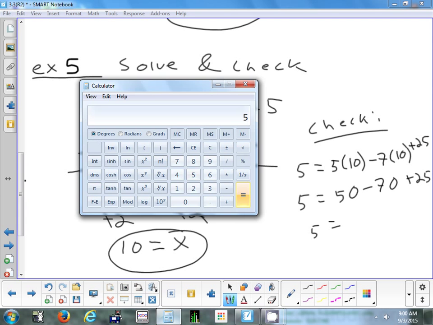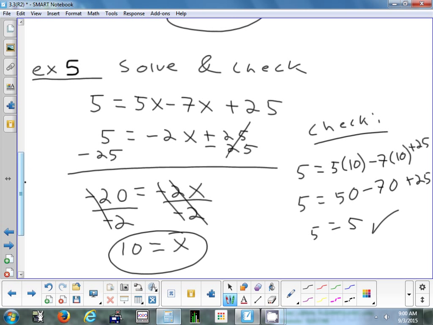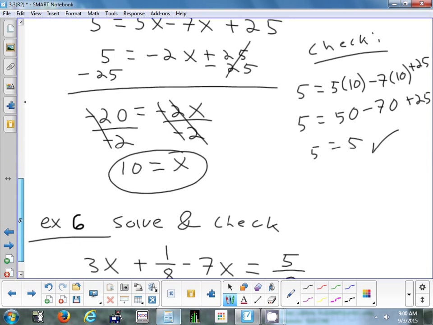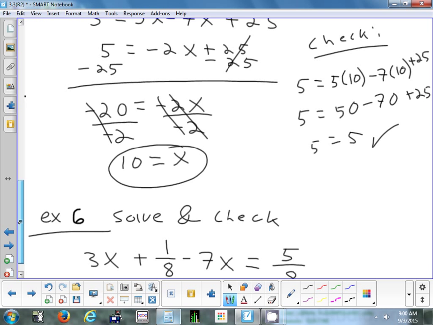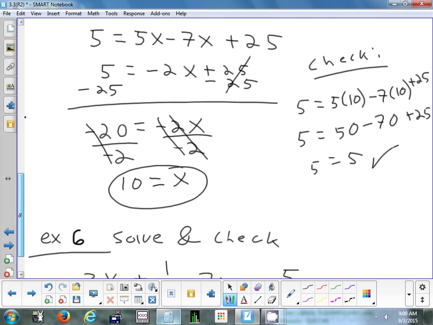Perfect. That's exactly what we wanted. And if you did that 50 minus 70, don't make the mistake Mr. Hager talked about. If you have a calculator like Ryan has right here, don't make the mistake of putting the little negative in the parentheses. Don't hit that button, hit minus. It's 50 minus 70.